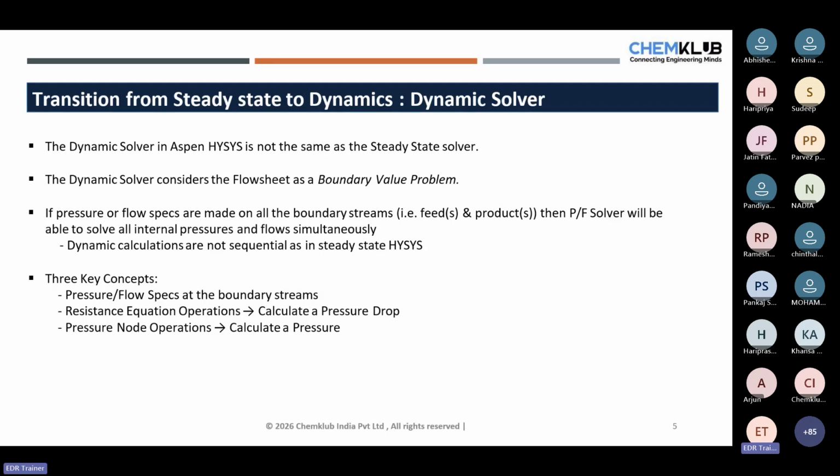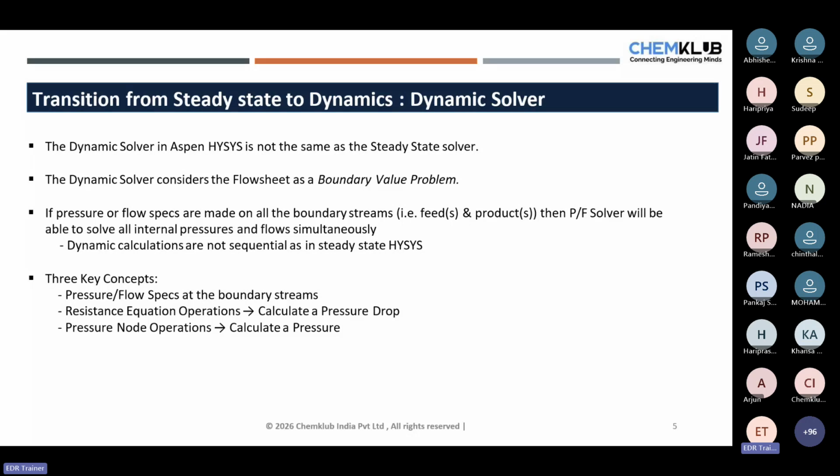So resistance equations can be given in the form of valves, heat exchangers, pumps, compressors, etc. Then there are pressure nodes. They represent the location where accumulation occurs. For example, a separator, a drum, column, tanks, basically some static equipment which have an appreciable amount of holdup volume, are considered to be pressure nodes.